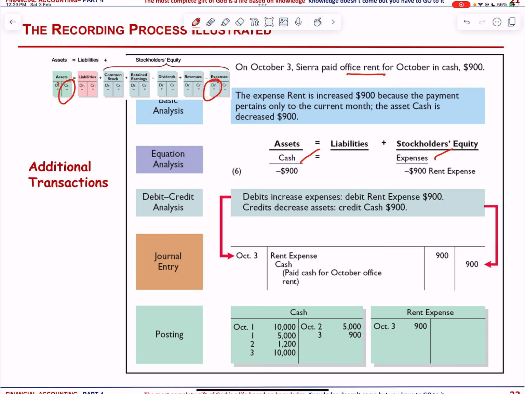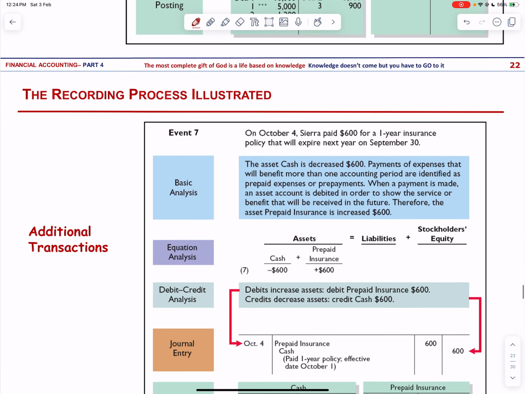Now what you can see over here, why did I circle the debit with a plus? Because expenses are increasing. When you are paying, expenses are increasing. Increase in expense will decrease the profit, and that will also decrease the retained earning and the stockholder equity. So that's why expenses are debit and cash is credit in this transaction.